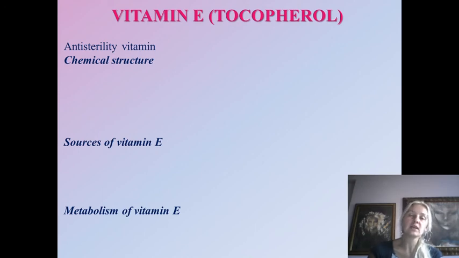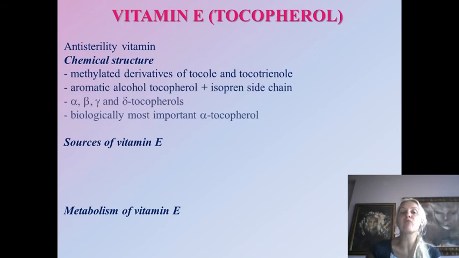So actually, vitamin E is considered to be a group of methylated derivatives of aromatic alcohols, tocol or tocotrienol. And actually there are 4 types of tocopherols: alpha, beta, gamma and delta tocopherols.